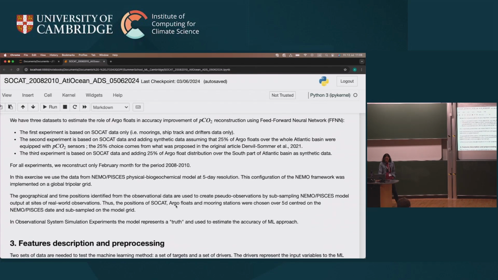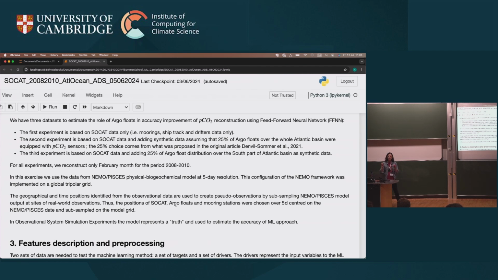So what exactly is the data we have? We have this distribution from observations, even if they are synthetic observations, and all the locations of these real observations were colocalized with the ocean biogeochemical NEMO-PISCES model grid. So now all the data that you have is from this model, which has 0.25 degree nominal resolution and 5-day time resolution.